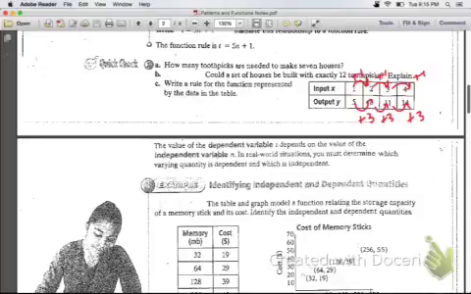But if I multiply by 3, 1 times 3, and then the output is 5, so I could add 2. So let's try that with this one. 2 times 3, and then that would be 6, plus 2 would be 8. 3 times 3 plus 2. So my rule could be 3x plus 2.